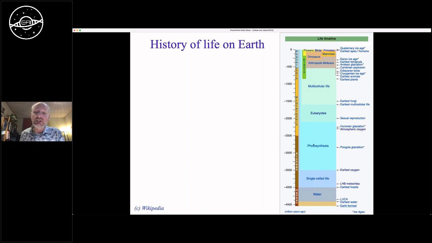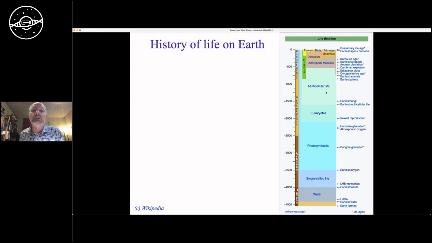For a long time, this was single-celled life. It developed photosynthesis, which then created oxygen in the atmosphere, right? One major step up was the invention of the nucleus of the cell about 2 billion years ago. And that led to organisms that consist of multiple cells that work together, and this allows for diversification, right?